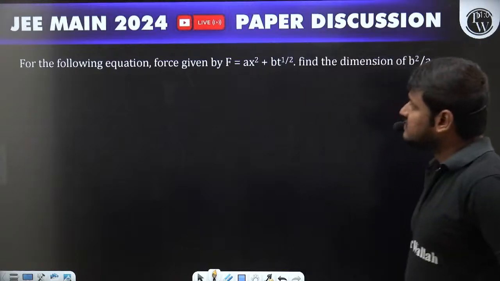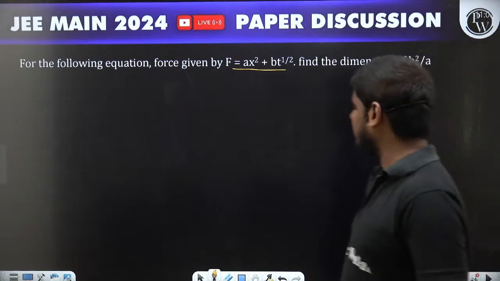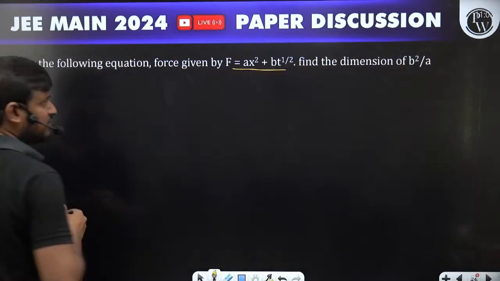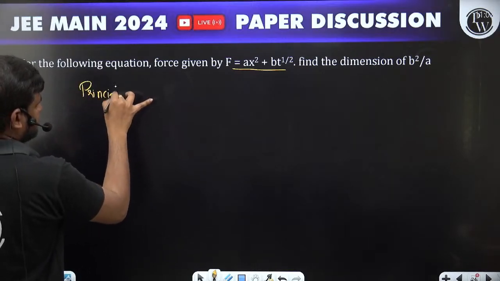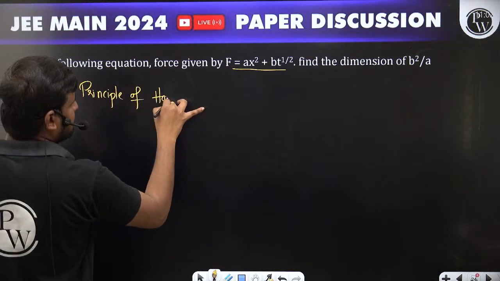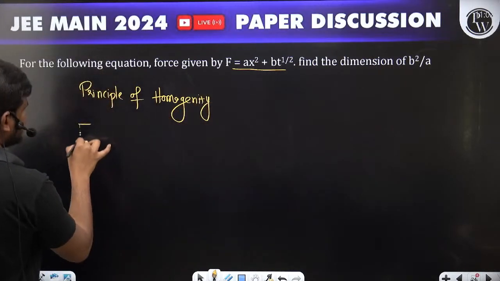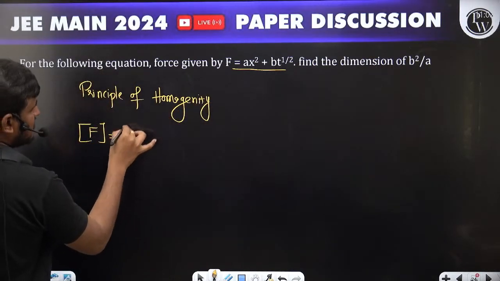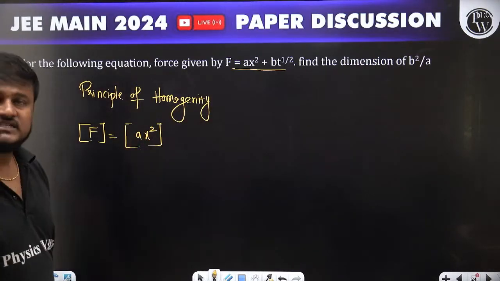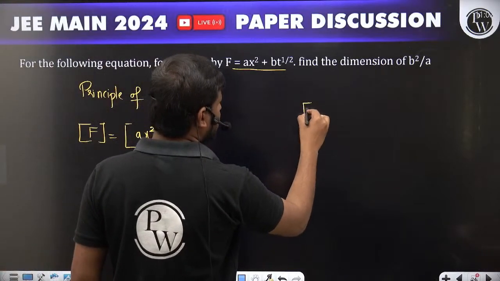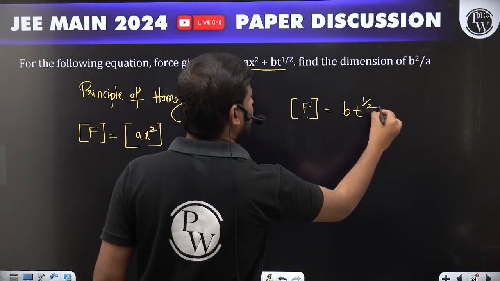For the following equation, the force equation is given. Now find the dimensions of b square by a. Here you can apply the principle of homogeneity. According to the principle of homogeneity, the dimensions of F will be equal to the dimensions of A x square, and the dimensions of F must be equal to the dimensions of b into t to the power 1 by 2.